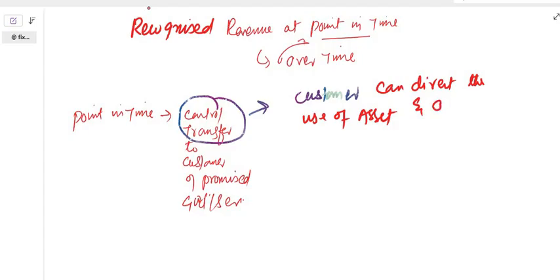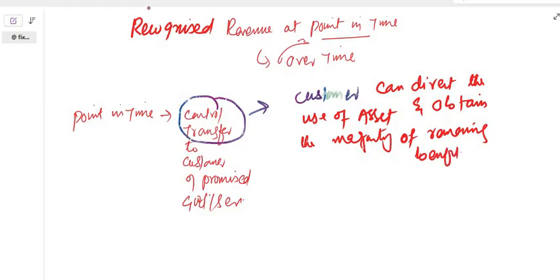And the second thing is that the customer obtains the majority of the remaining benefit from the asset. So it means that the control is transferred.